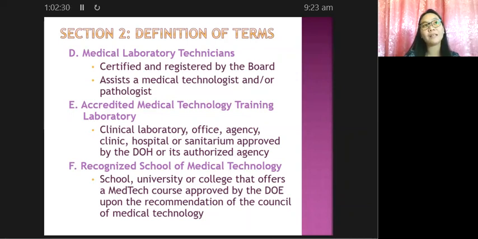So remember that this was crafted prior to the establishment of your Commission on Higher Education. So that's why during those times, the agency that was responsible in approving schools, universities, or colleges to offer the medical technology course was the Department of Education, upon the recommendation of the Council of Medical Technology Education.